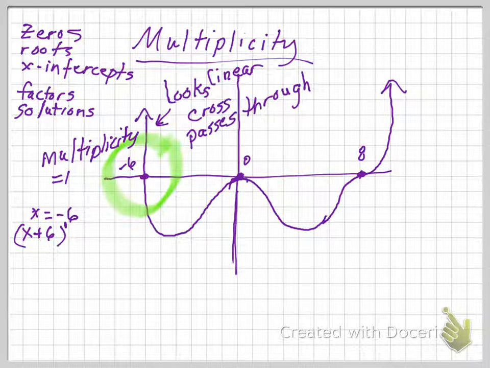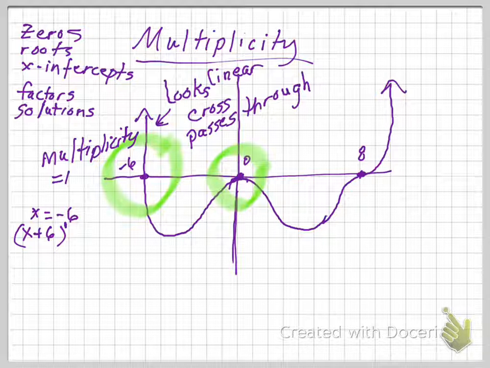I forgot I had to do this. Hold on. If I look right around this one, what does that look like? If I just look at the piece of the graph inside that green circle, what does it look like? Like a negative quadratic, a negative parabola, right?